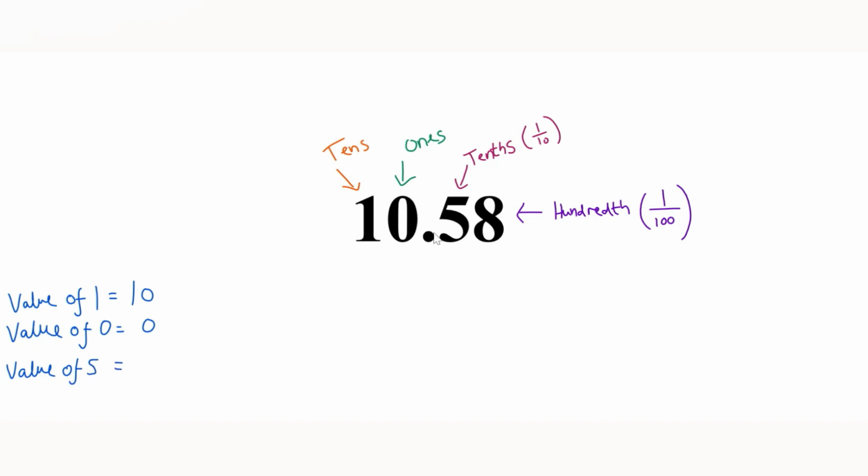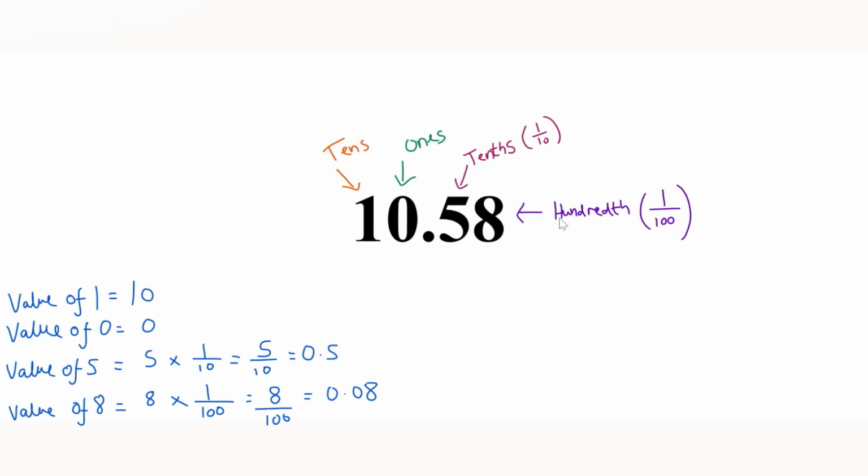The value of 5 will be 5 multiplied by a tenth, which is 5 over 10, and that gives us a value of 0.5. The value of 8 will be 8 multiplied by a hundredth. That gives us 8 over 100, which gives us a value of 0.08.